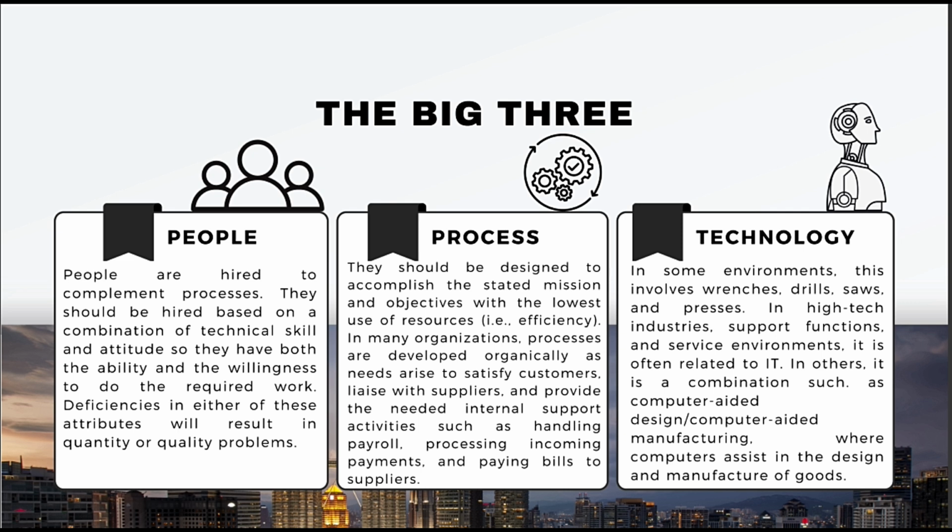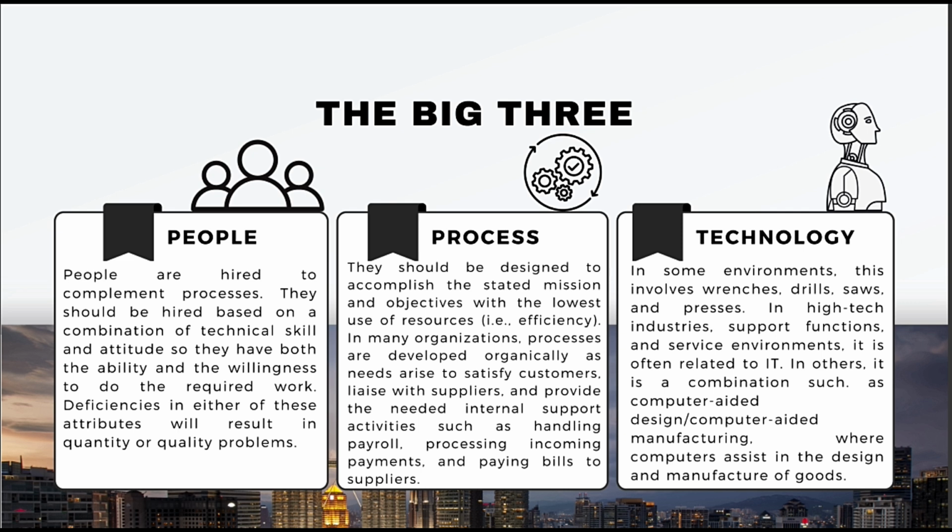Next is process. A process denotes the structured workflows, procedures, and systems that guide how tasks are executed to achieve the organization's mission, goals, and objectives. Well-designed processes streamline operations, enhance efficiency, minimize errors, and facilitate adaptability to changing circumstances.